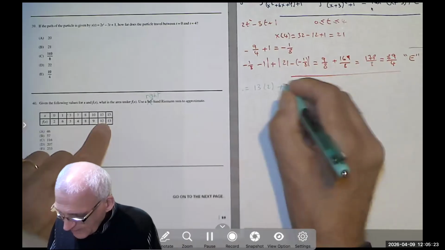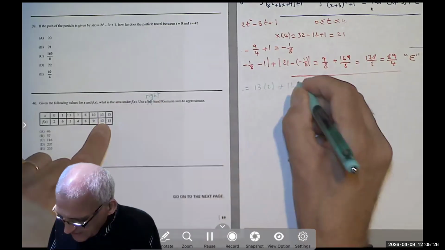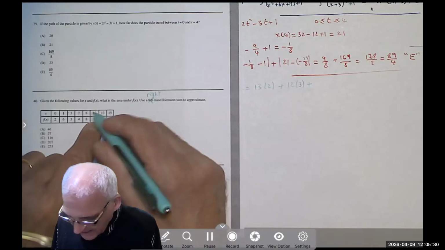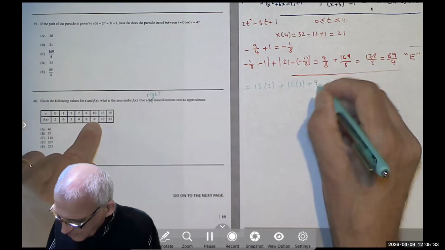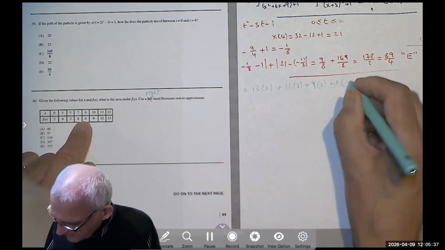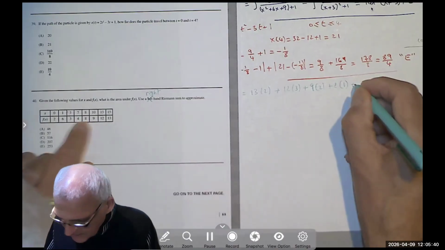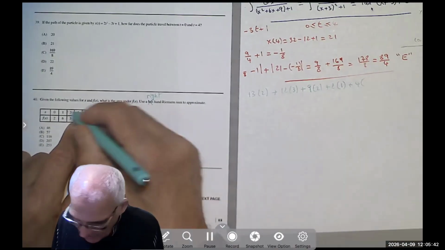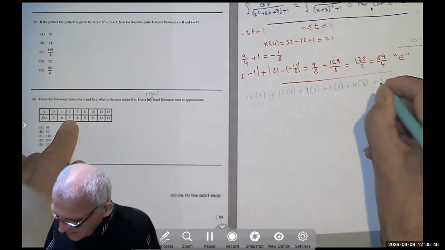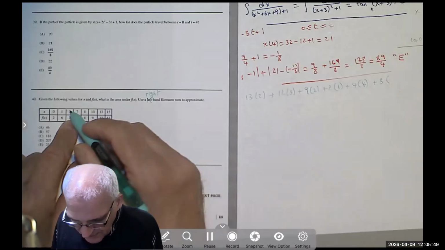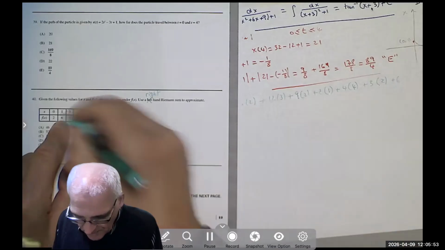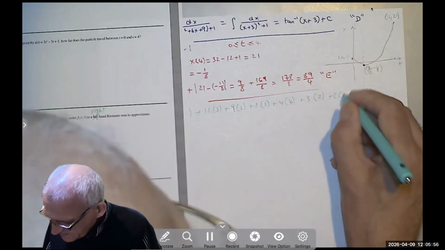plus 12 times 13 minus 10, which is 3, plus 9 times 10 minus 8, which is 2, plus 8 times 8 minus 7, which is 1, plus 4 times 7 minus 3, which is another 4, plus 3 times 3 minus 1, which is 2, and finally plus 6 times 1 minus 0, which is 1.